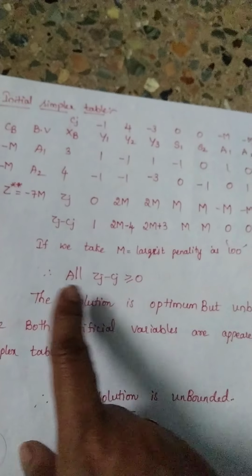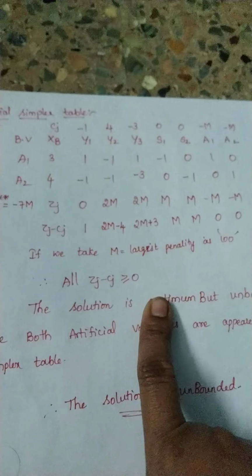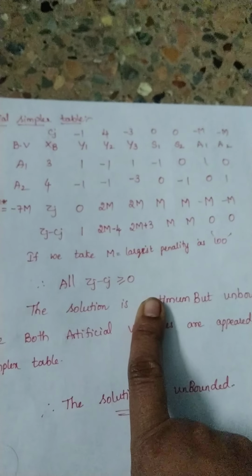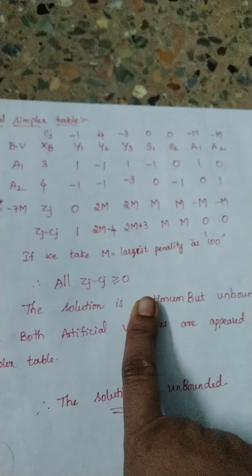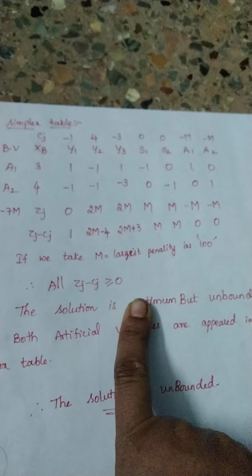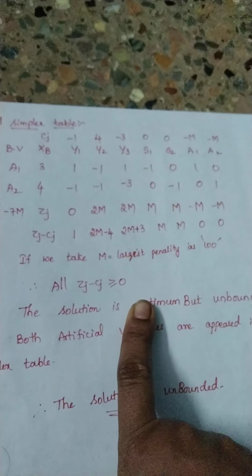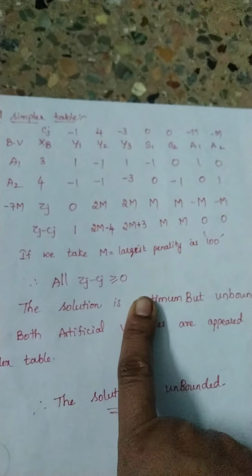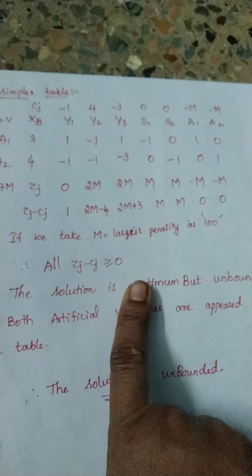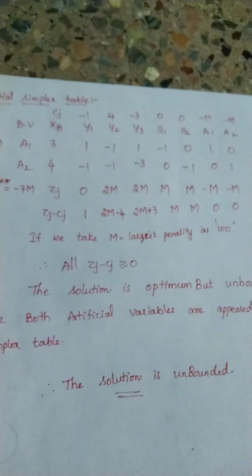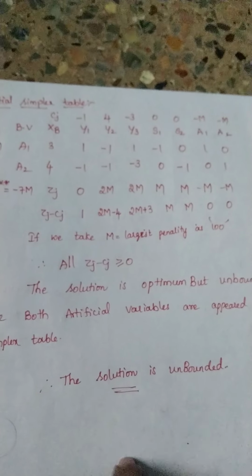If all Zj minus Cj are not greater than or equal to 0, then we may continue still up to the optimality condition. And what is our main aim? Both the artificial variables have to be outgoing variables. If they still appear, the solution will be unbounded. And that's why. Thank you.